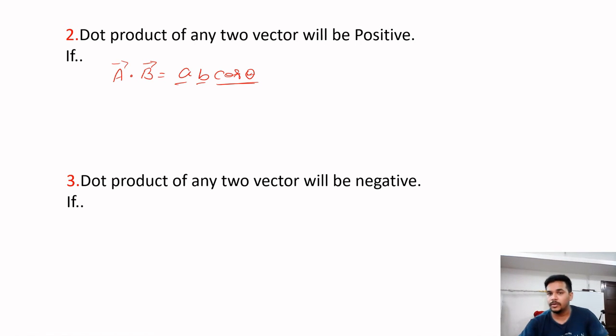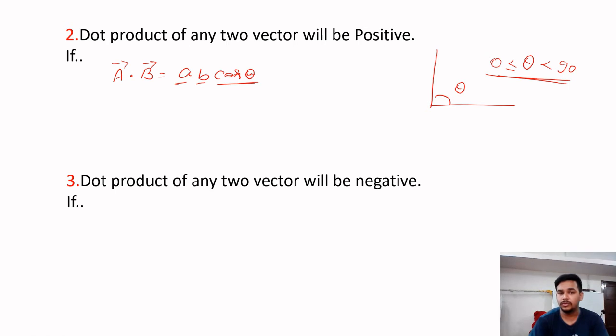We already know that cos theta is going to be positive if theta is any value that lies between 0 and 90 degrees. At 90 degrees it will become 0, so let me remove that 90 degree case. For any value of theta from 0 to 90 degrees, the dot product of those two vectors will always be greater than 0.